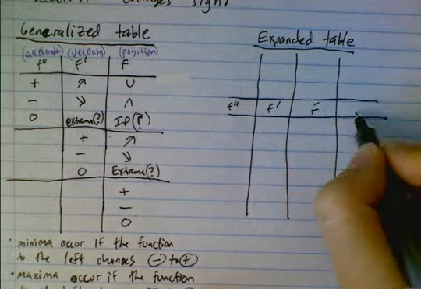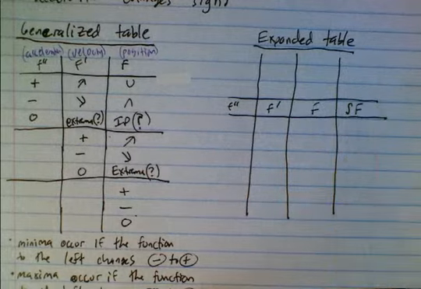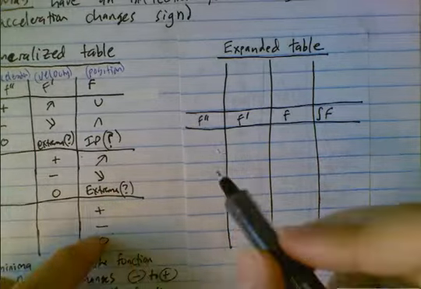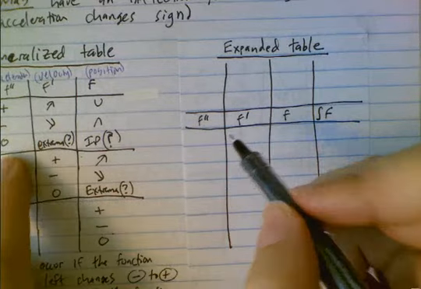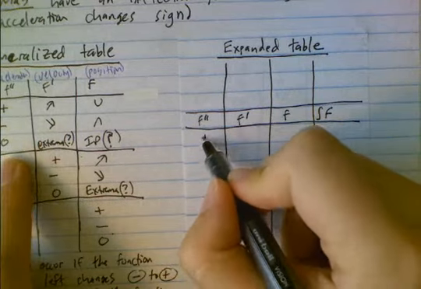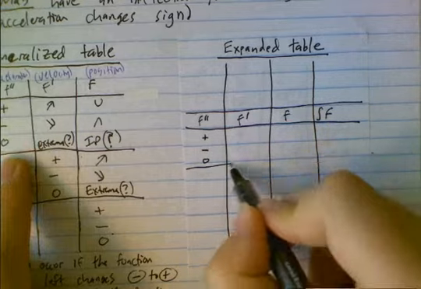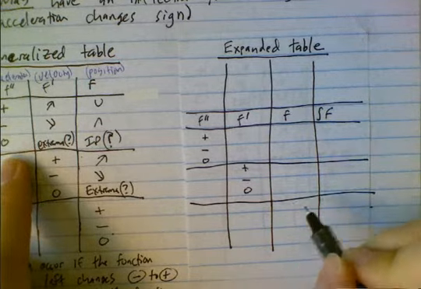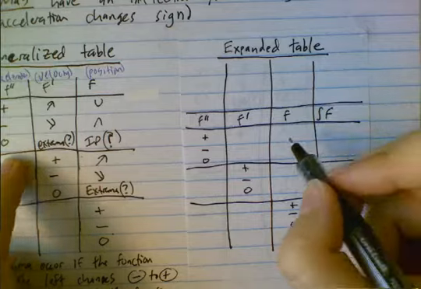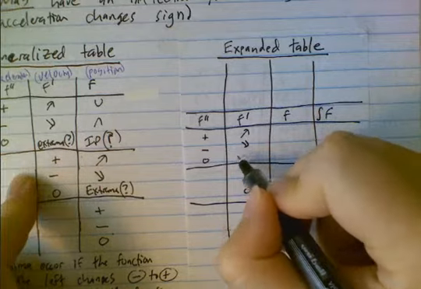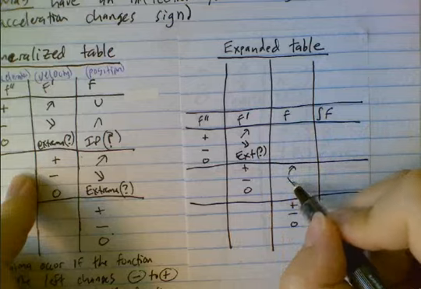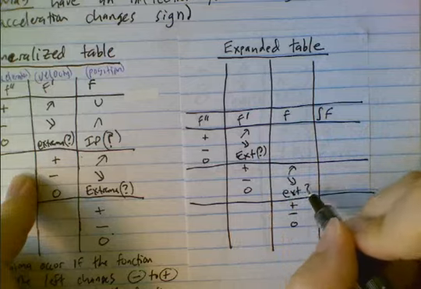Here I'm going to do f. And here I'm going to do the integral of f. We can start with what we have over here. You should be able to fill this in quite quickly. Positive negative 0, positive negative 0, positive negative 0, inc dec ext, inc dec ext.